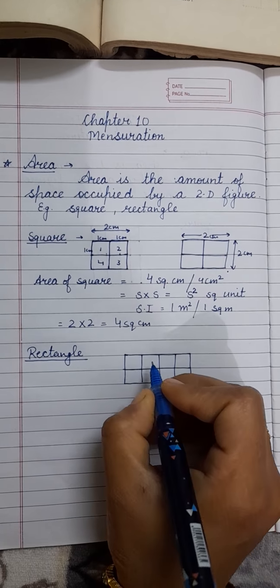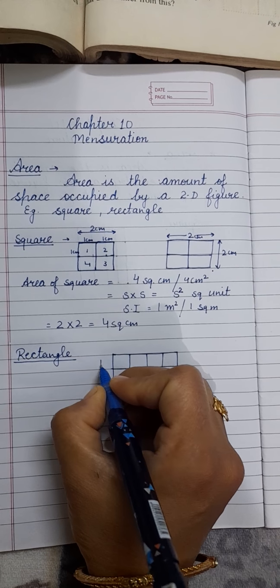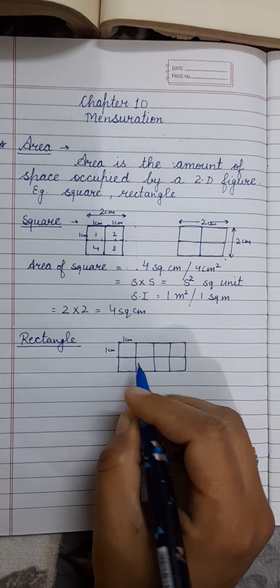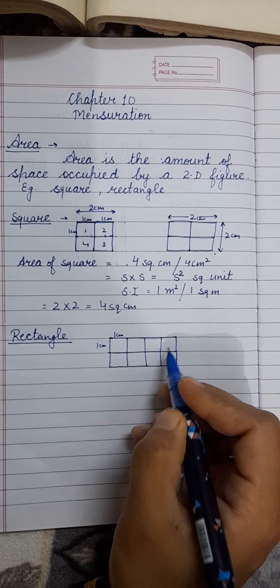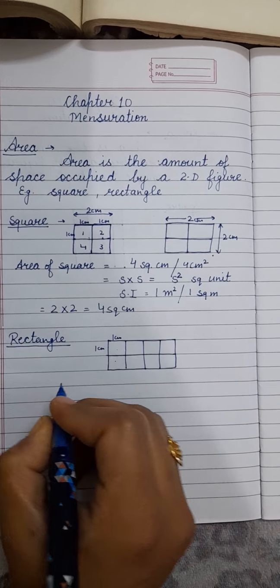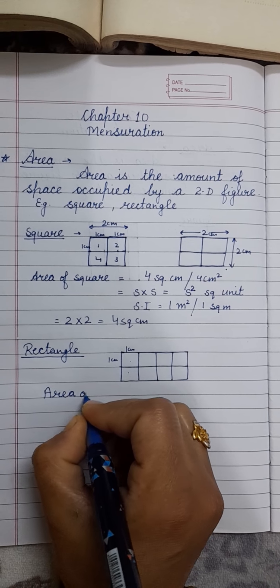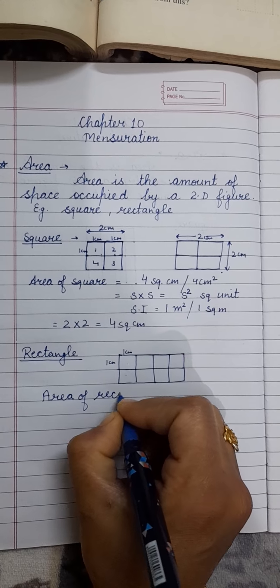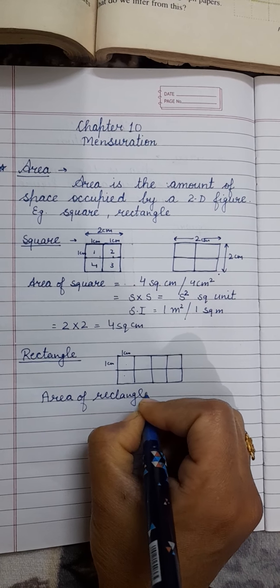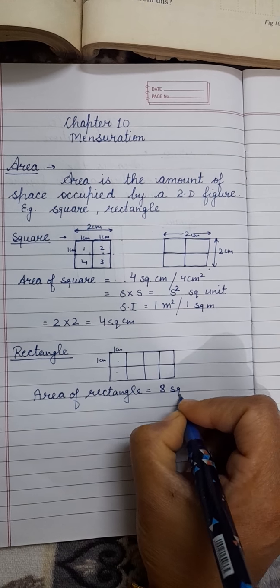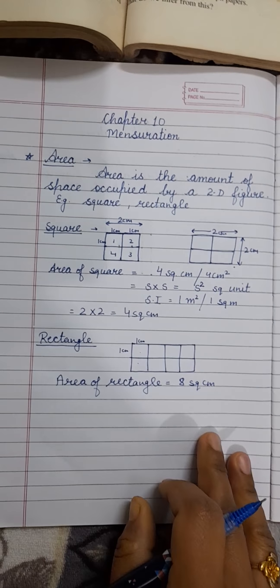So here this is one square of 1 centimeter. How many squares are there? 1, 2, 3, 4, 5, 6, 7, 8. So what is the area of the rectangle? While counting the squares, what you have found is that the area of this rectangle is 8 square centimeter.